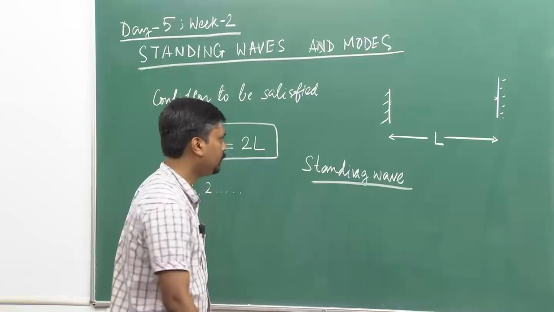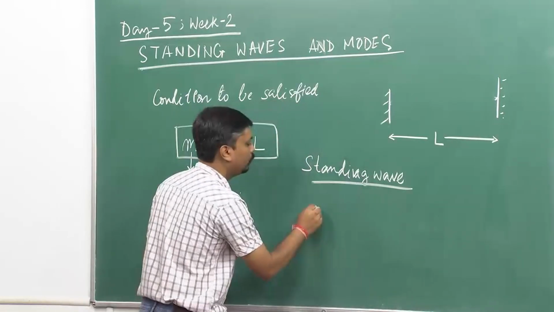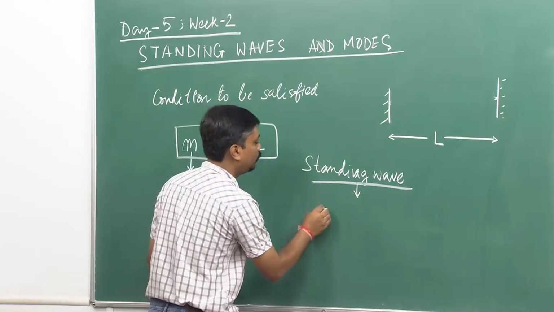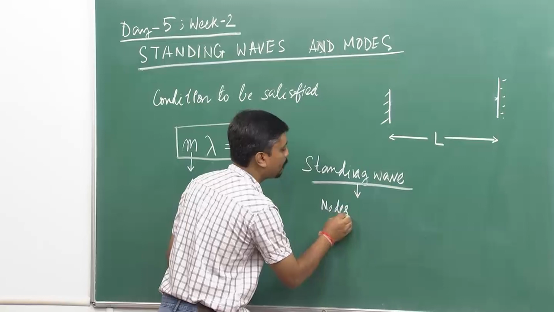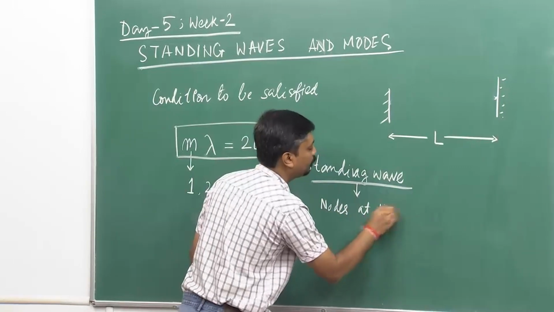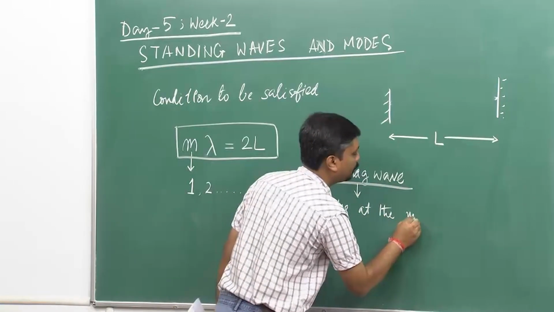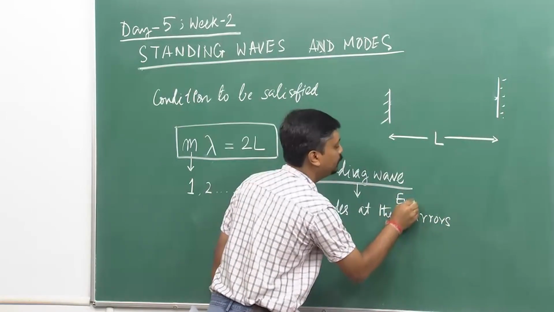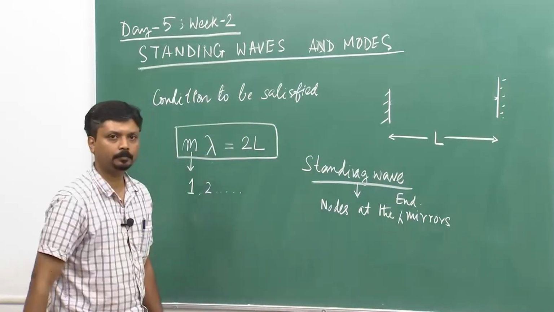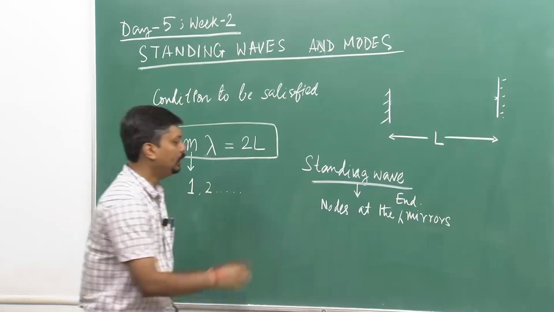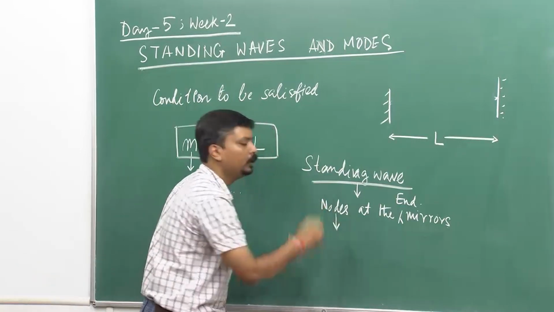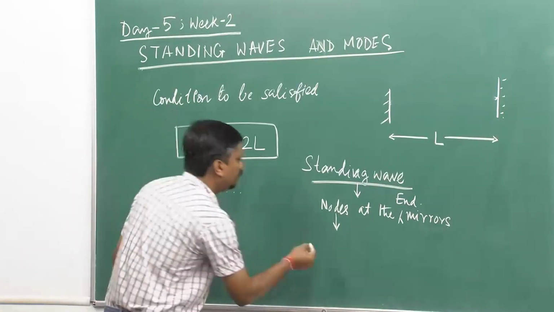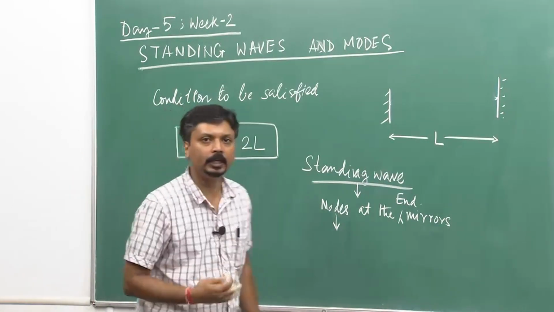What is a node? A node is a point where the amplitude of oscillation is 0.